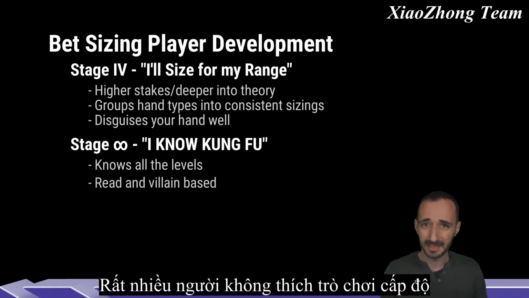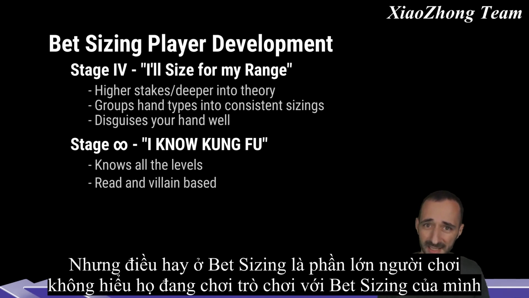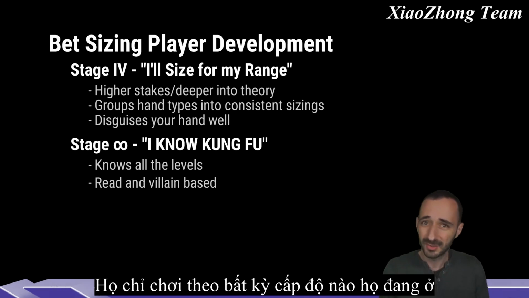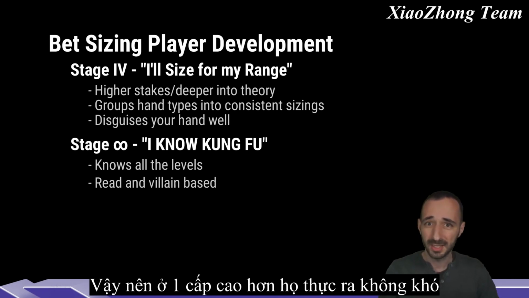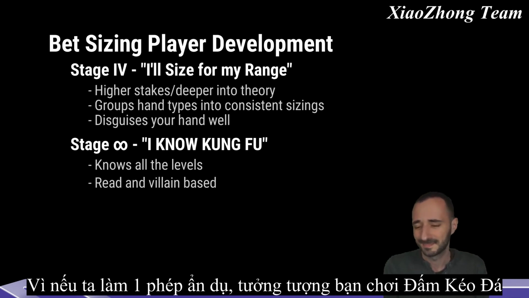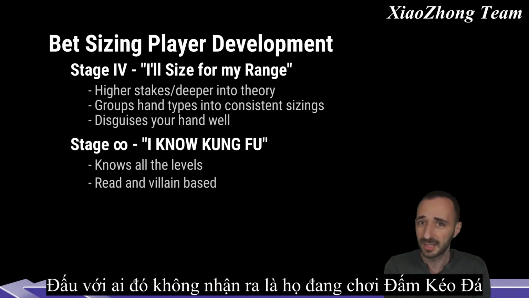So a lot of people don't like to play leveling games. But the nice thing about bet sizing is that most people don't even understand that they're playing a game with their bet sizing. They just do whatever, whichever one of the levels they're on. So being one level above them is actually not difficult, because if we're making a metaphor, imagine you're playing rock, paper, scissors against someone who doesn't realize that he's playing rock, paper, scissors.